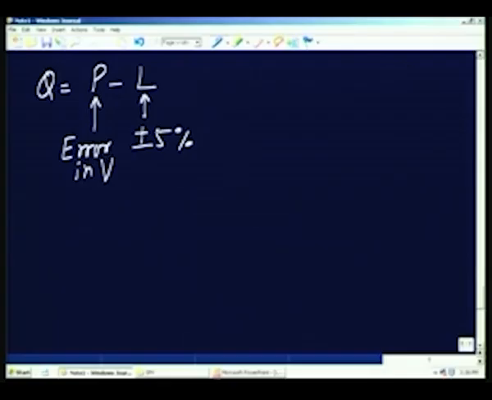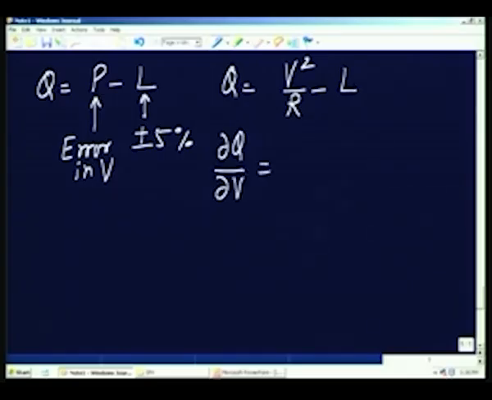We are again assuming that the resistance has no error specified. So, we have Q equal to V squared by R minus L, and therefore, I can find the partial derivatives, and dou Q by dou L is equal to minus 1.